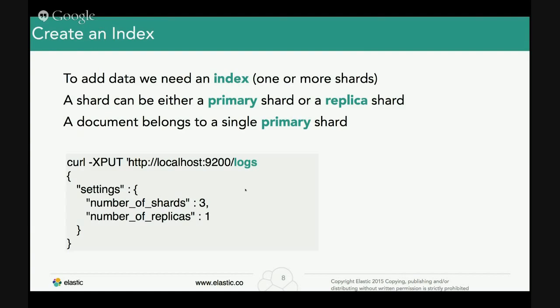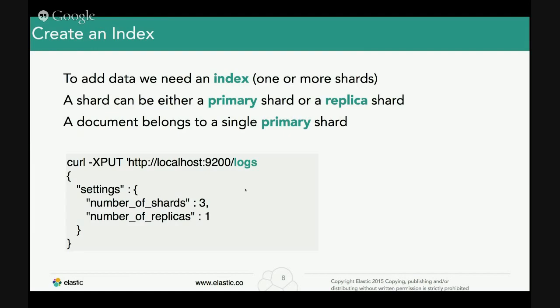This is what we call defining a sharding policy for your documents. So here we're starting up. If you don't have an index called logs, one will be created, and this will be your sharding policy: I'm going to have 3 primary shards and 1 replica.